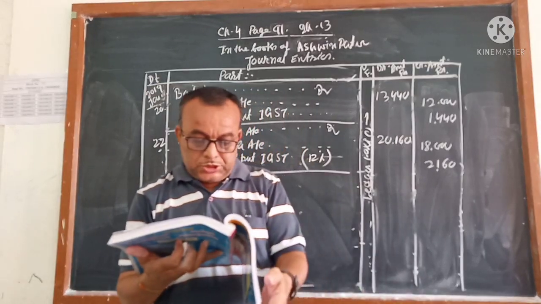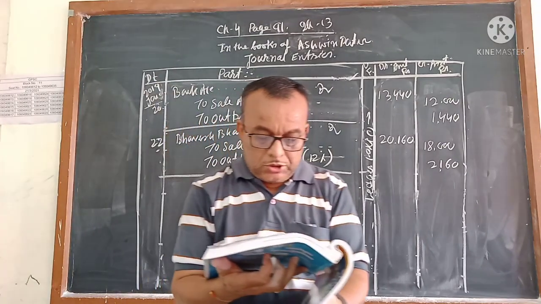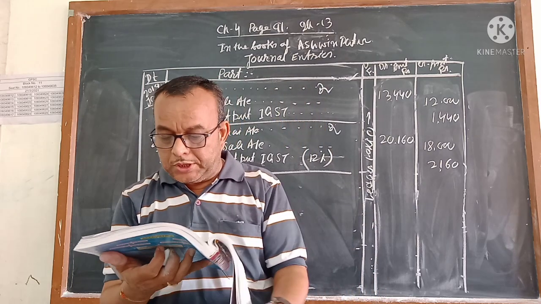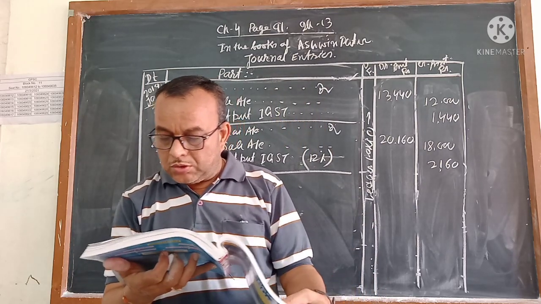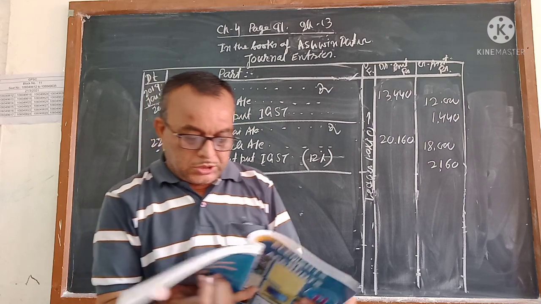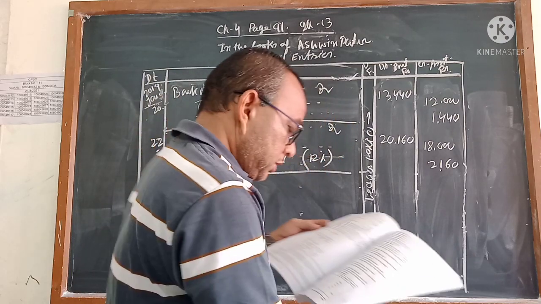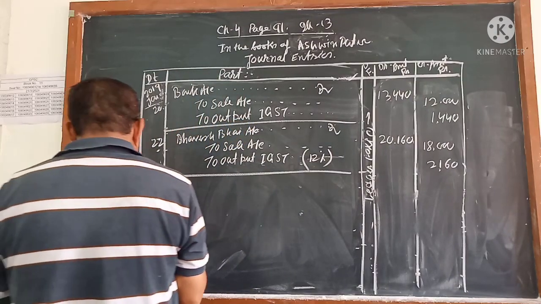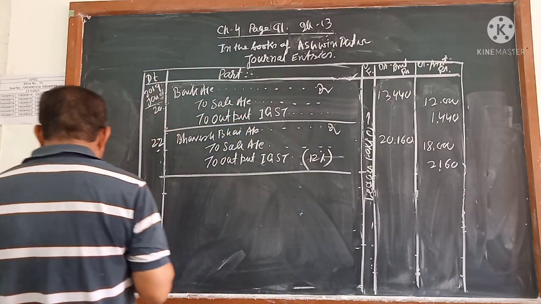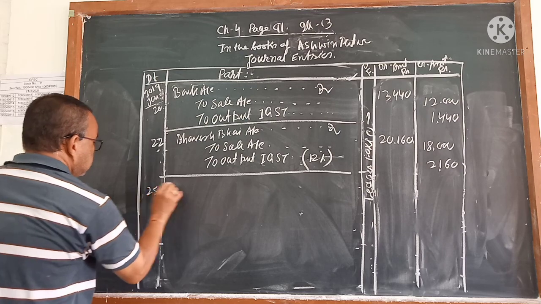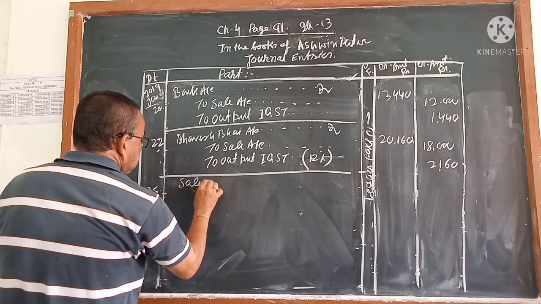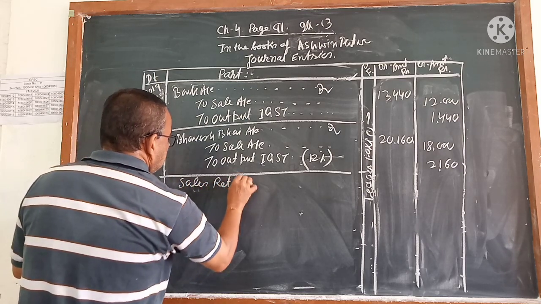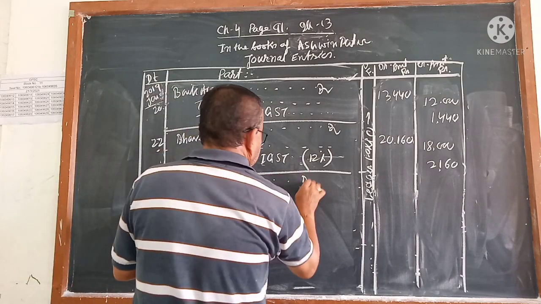Next, after 22 comes 25. Goods of 2,500 original cost returned by Vinod Bhai of Valsad here. Cost price means including GST. This is which transaction? 23 of Valsad. Sales return. Sales return account debit.